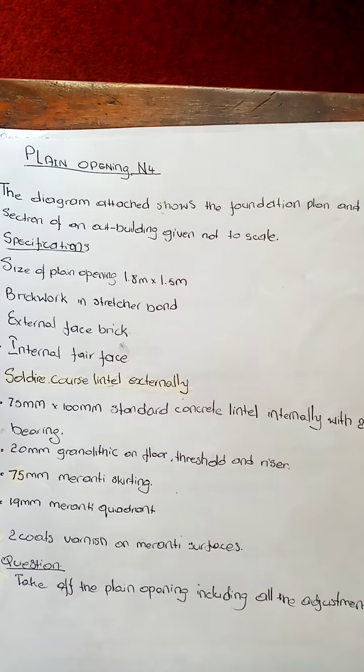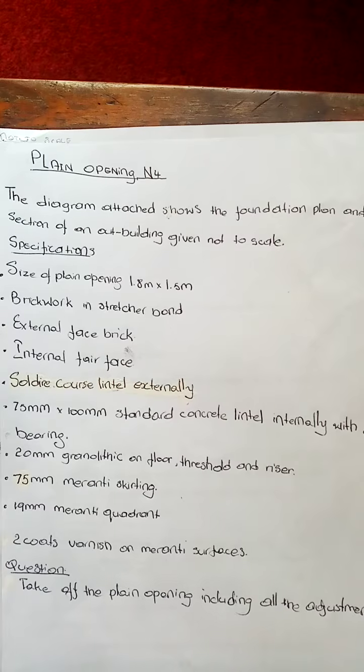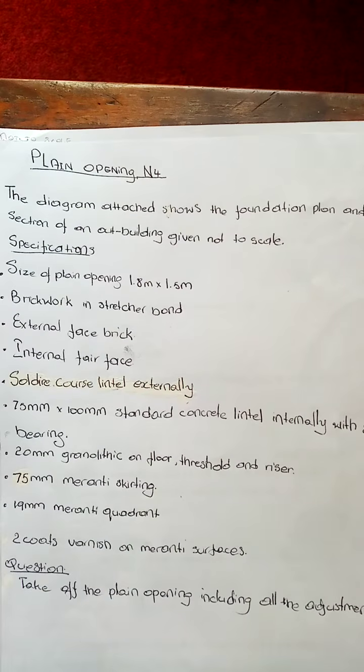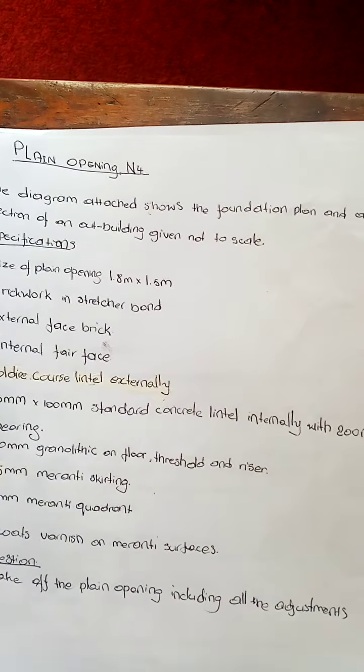Soldier course lintel externally, 75 mm by 100 mm standard concrete lintel internally with 200 mm bearing, 20 mm granolithic on floor, threshold and riser, 75 mm Mirandi skirting, 19 mm Mirandi quadrant, 2 coats varnish on Mirandi surfaces. The question says, take off the plane opening, including all the adjustments.